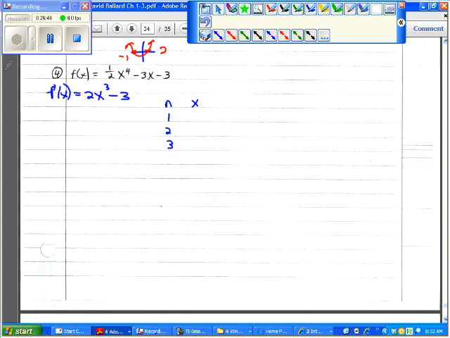And then I'm going to have my x sub n, my f of x sub n, my f prime of x sub n, my f of x sub n over f prime of x sub n, and then my x sub n minus f of x sub n over f prime of x sub n.